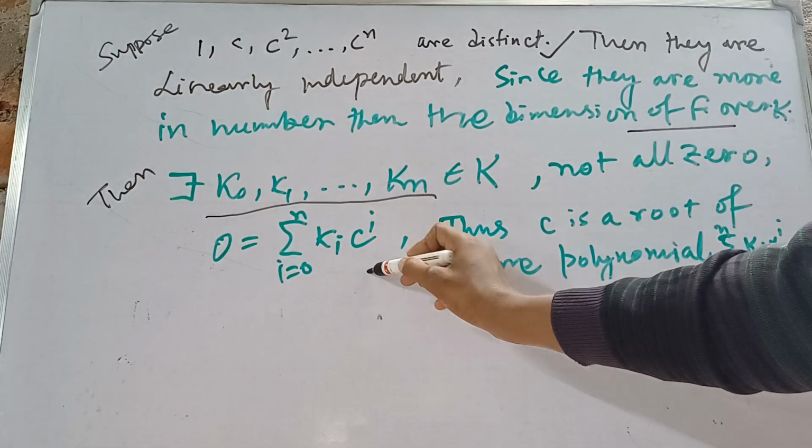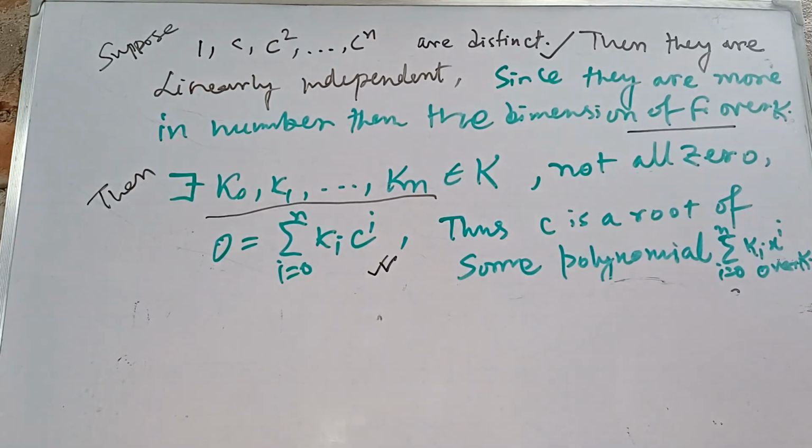That means some linear combination of powers of c equals 0. Thus c is a root of some polynomial, so c is algebraic. That means if F is an extension of K, then every element of F is algebraic over K, not a doubt.